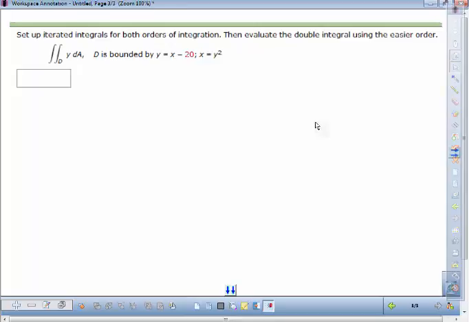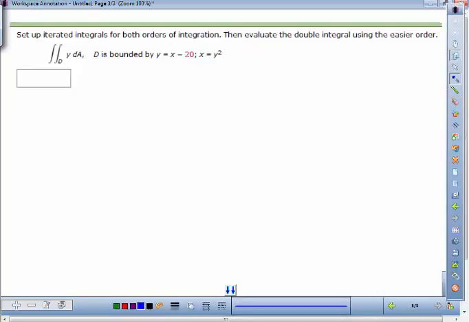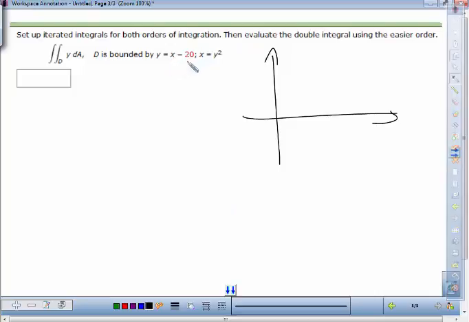All right, the integrand is easy, it's just y. That's nice. So it's a double integral of y dA, and our region is bounded by a line and x equals y squared. I think that's a sideways parabola. Let's see how this looks. This is a line with slope 1 and y-intercept negative 20.